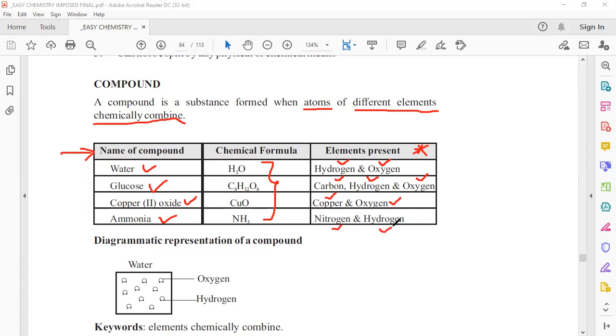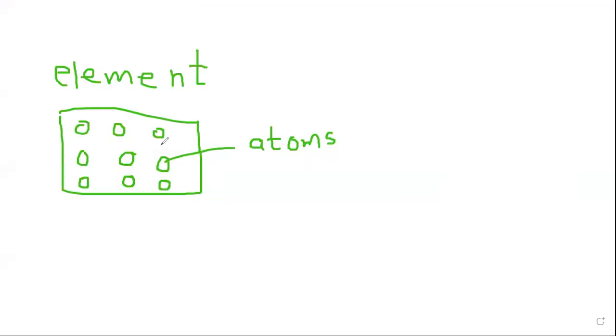So what happens is different elements come together and they form what we call a compound. Atoms of the same kind come together to form what we call an element. So that is how an element is formed.